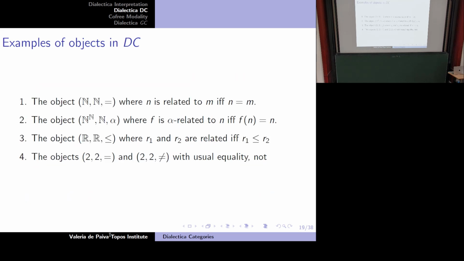And so examples here, totally trivial examples, are something like if you take the object natural numbers, where the relation is simply that we say they are related if they are exactly the same. It's a very trivial sort of relation. You can have a more complicated relation. So instead of taking N and N, you take all the functions from N to N, which some constructivists would go berserk over, right?